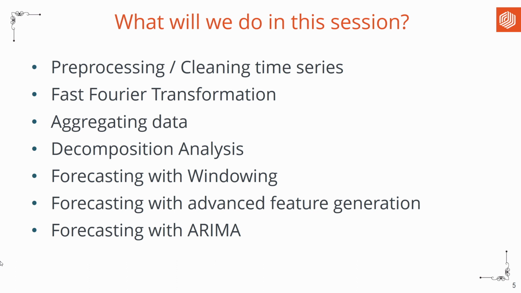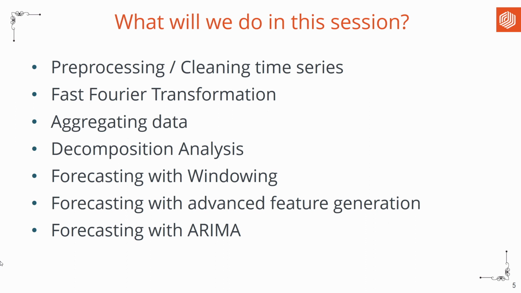What we will do in this session, we will do different steps of a classical time series analysis. We start with preprocessing, cleaning time series. Then we do a fast Fourier transformation to get some insight into the data. After that, we're doing aggregating of the data. Then we'll come to some more classic time series analysis, the decomposition analysis of the time series.